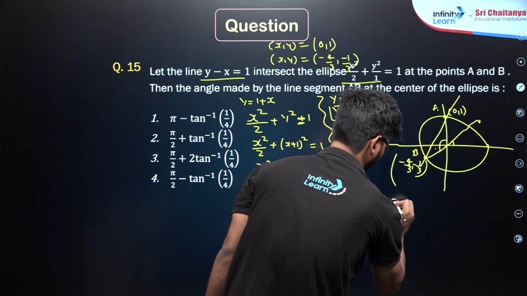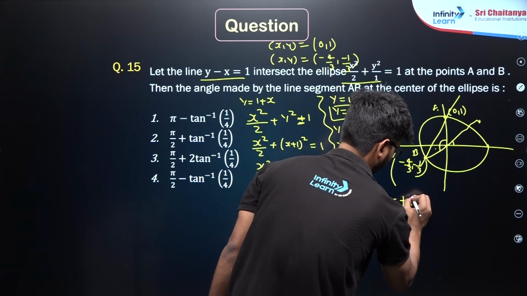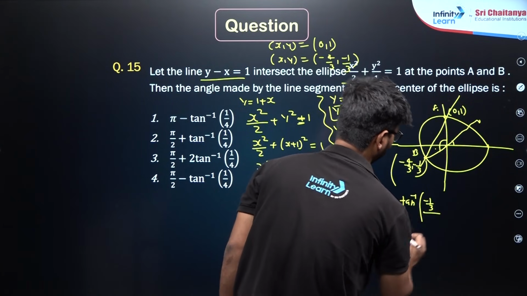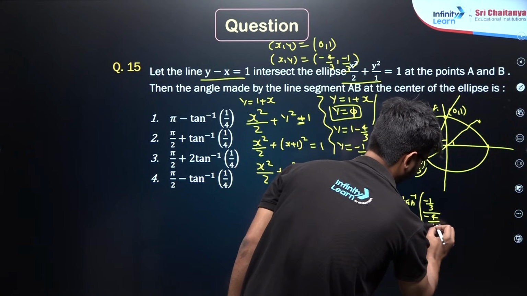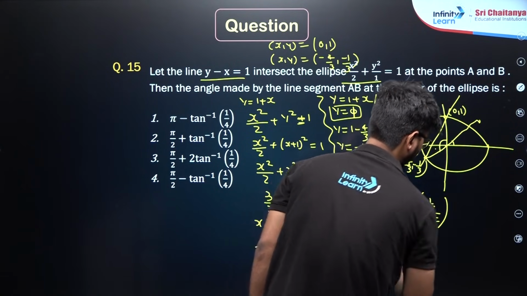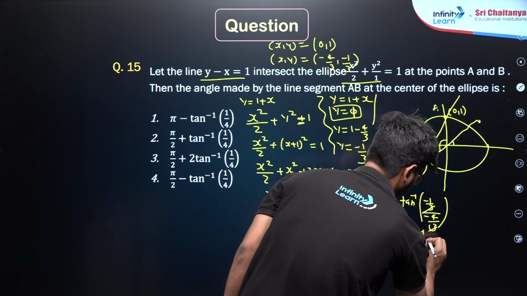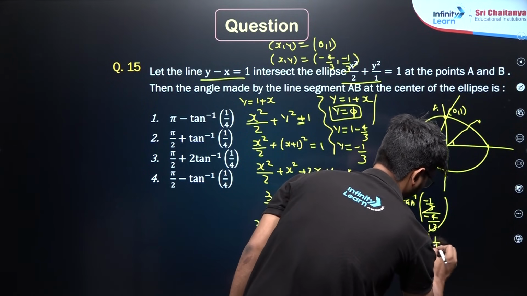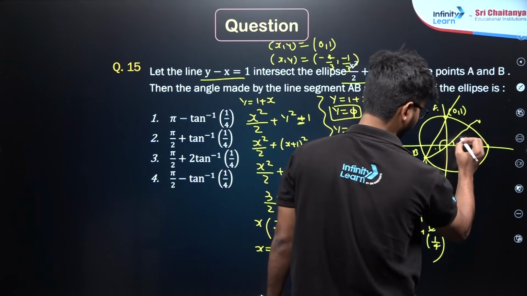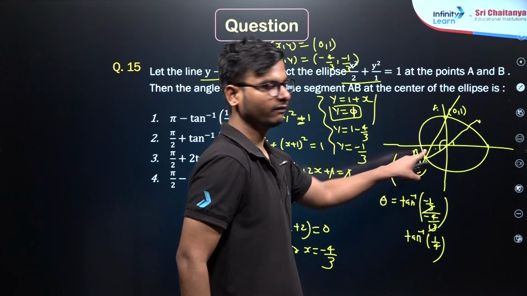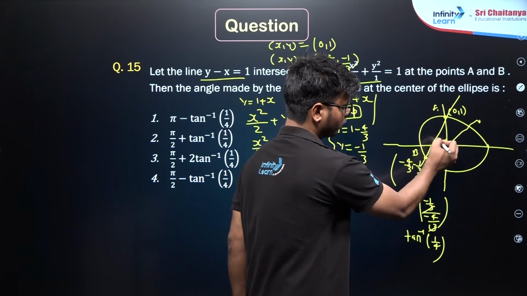So I can write theta is equals to tan inverse, y is minus 1 by 3 and x is minus of 4 by 3. So the minus signs are going to cancel. So we have tan inverse 1 by 4. If this is tan inverse 1 by 4, then this is also tan inverse 1 by 4, and this part is pi by 2.